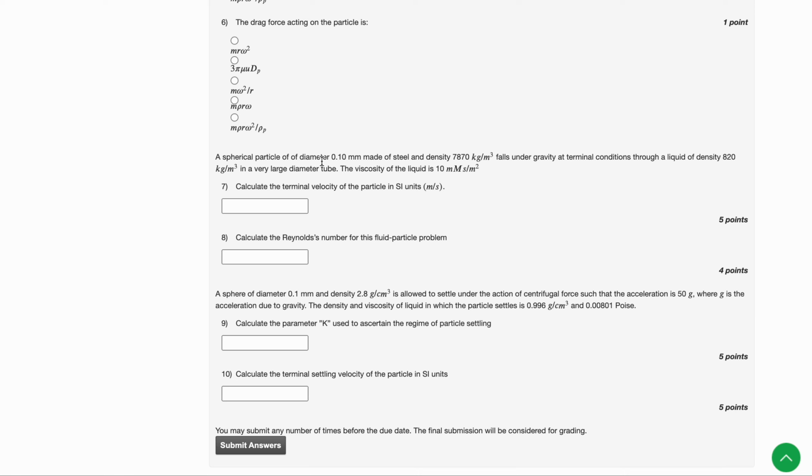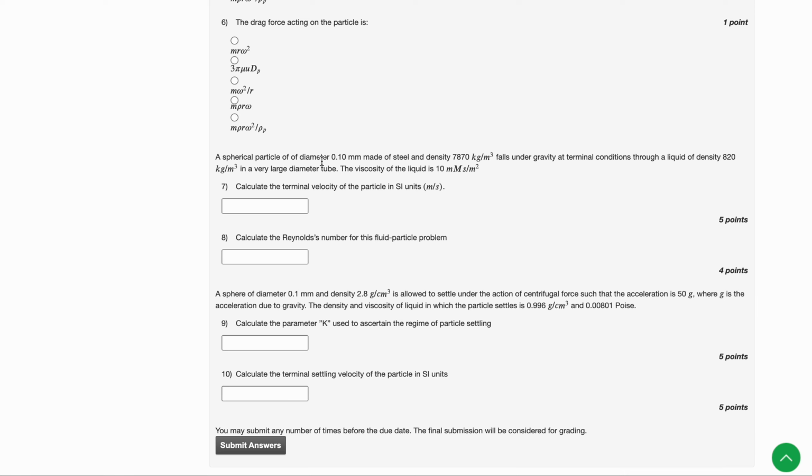The viscosity of the liquid mu is equal to 10 millinewton second per meter square. I think there is a mistake, m will be n, so I will consider it like that. So this is 10 raised to minus 2 Pascal second.